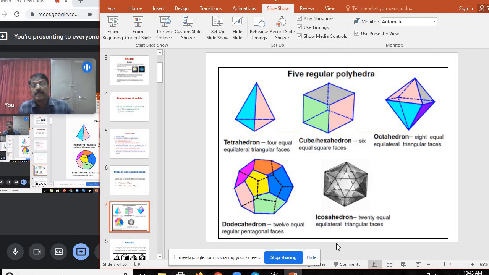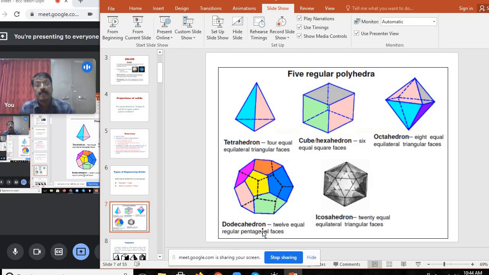First one is the tetrahedron. The tetrahedron has 4 equal equilateral triangular faces. Then the cube or hexahedron: a solid bounded with 6 equal square faces. Then the octahedron, a solid bounded by 8 equal triangular faces.